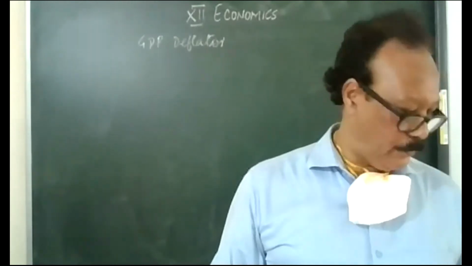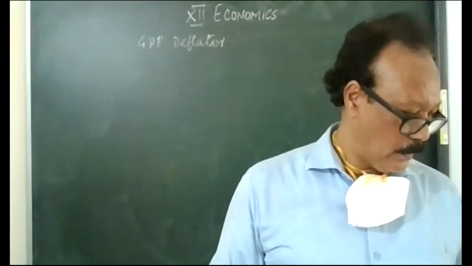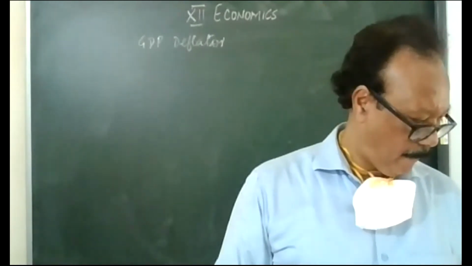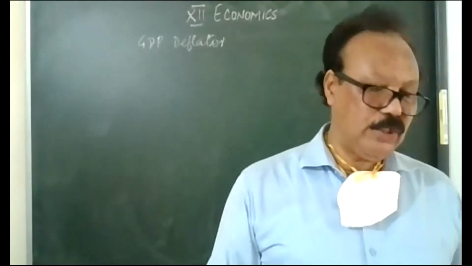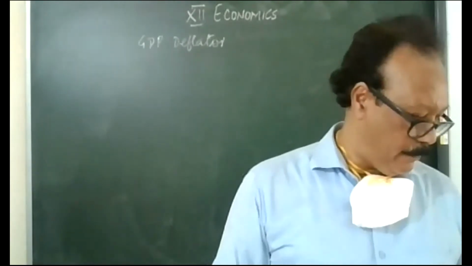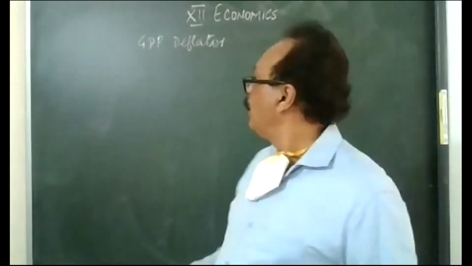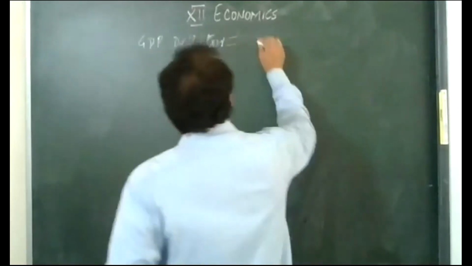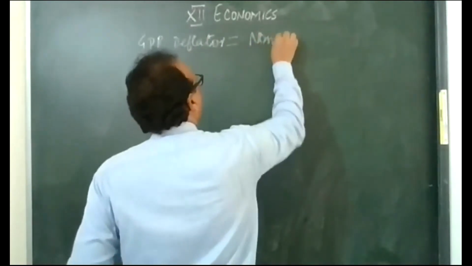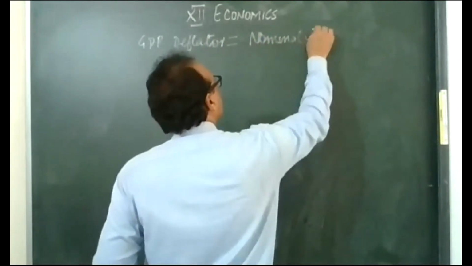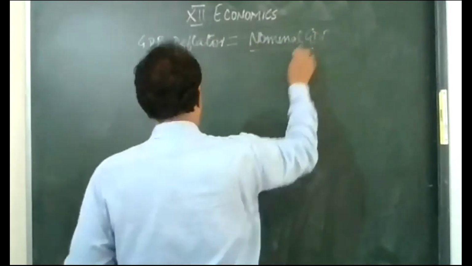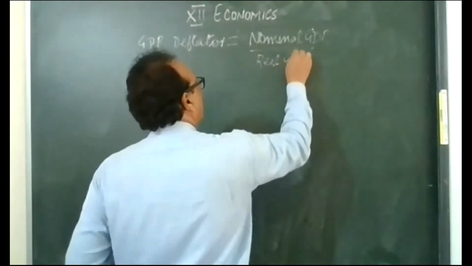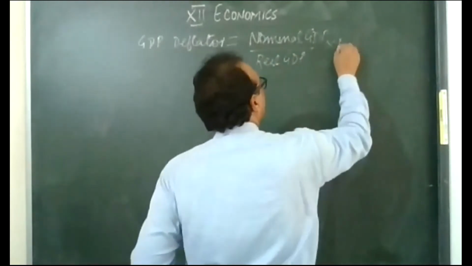It shows change in the GDP because of the change in price level. So GDP deflator is equal to nominal GDP upon real GDP into 100.